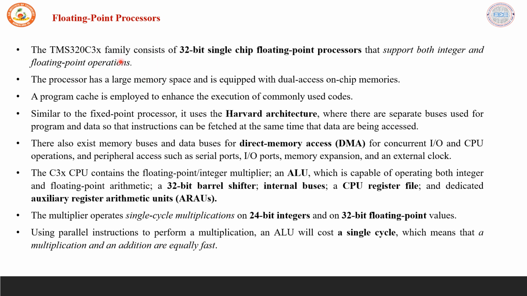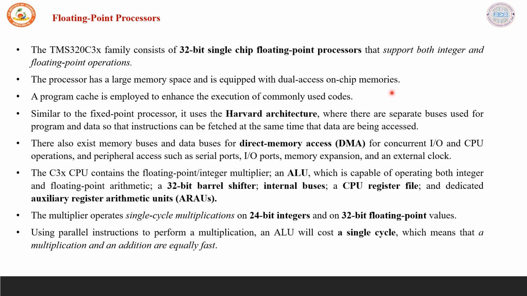Let's talk about the important features. The TMS 320C3X family consists of 32-bit single-chip floating point processor. It supports both integer as well as floating point operations. This is selectable. You can either go with floating point or integer operation. The processor has a large memory space and is equipped with dual access on-chip memories.